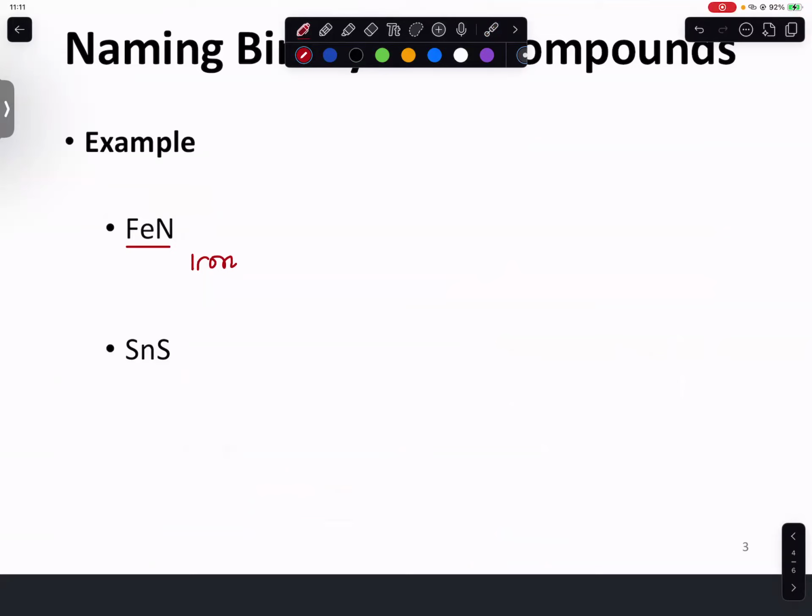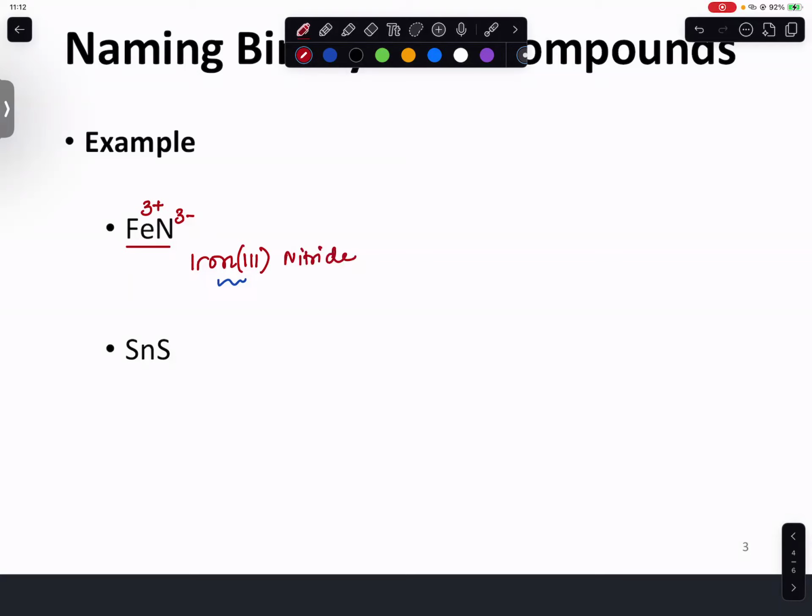If your nitride anion has a 3- charge, your iron has to have a 3+ charge. So it becomes iron, and then the Roman numerals come in, and look at how I attach the parentheses to the name. So it becomes iron(III). Then I add the name of the nonmetal, which is nitrogen, but instead of nitrogen, we convert it to nitride. So it becomes iron(III) nitride.